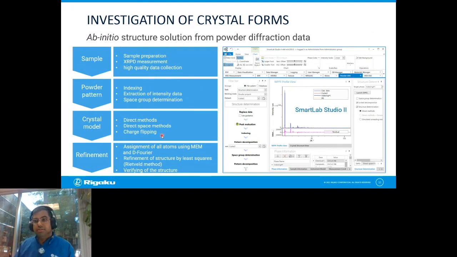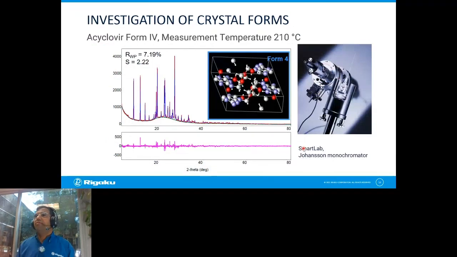This is a very involved process, finding a brand new structure from a powder diffraction pattern, and Rigaku provides, through SmartLab Studio II, a package dedicated to it. It's called the Structure Determination Package, which takes you step by step through all these processes to find a brand new structure. An example is given here of acyclovir form 4, measured at 210 degrees centigrade using Rigaku's SmartLab with a Johansson monochromator.